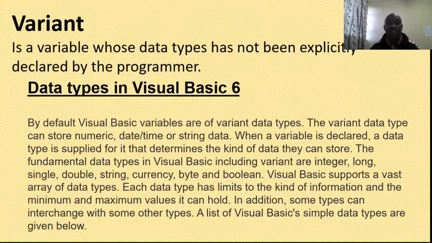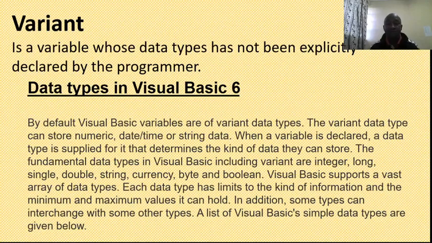The variant data type can store numeric, date and time, or string data type. When a variable is declared, a data type is supplied for it that determines the kind of data it can store. The fundamental data types in Visual Basic, including variant, are integer, long, single, double, string, currency, byte, and boolean.